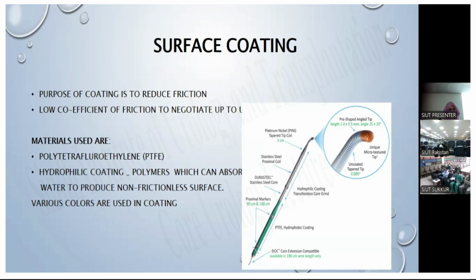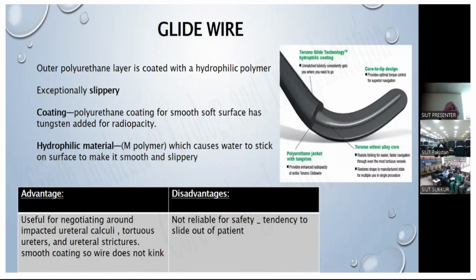So you see, whenever you enter any tubal structure in the body, whether you are working in GI or here in urology, you got to have a guide, and the guide is a guide wire. This guide wire has given an impetus to a lot of different fields in medicine, including cardiovascular, including urology.